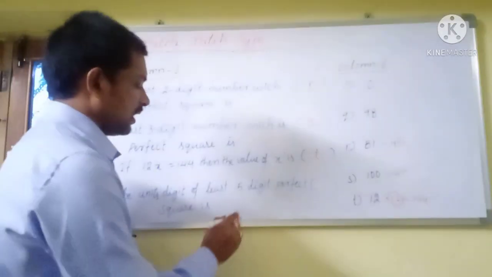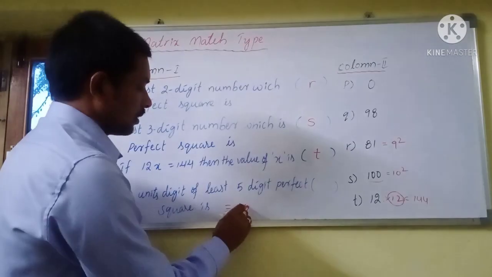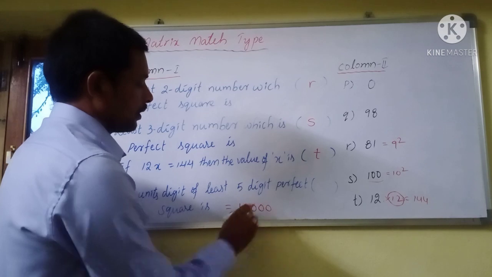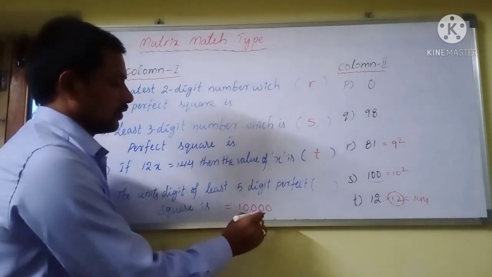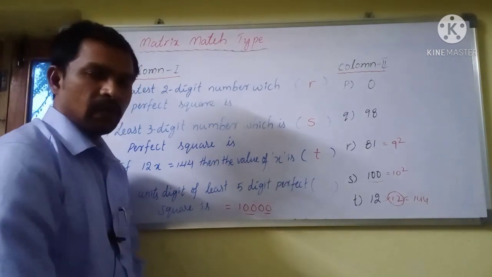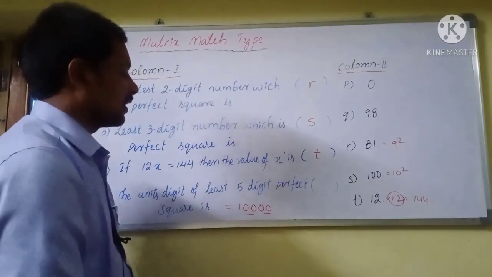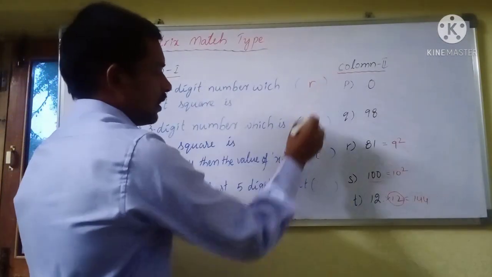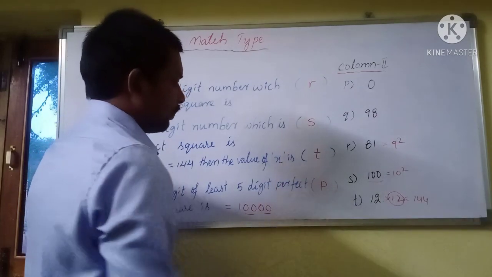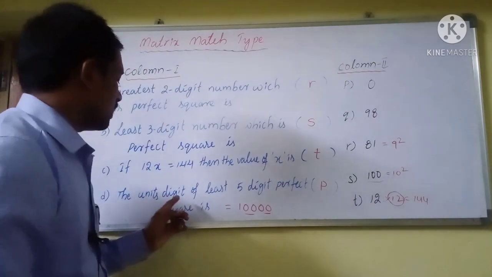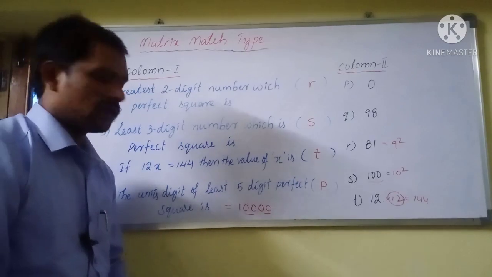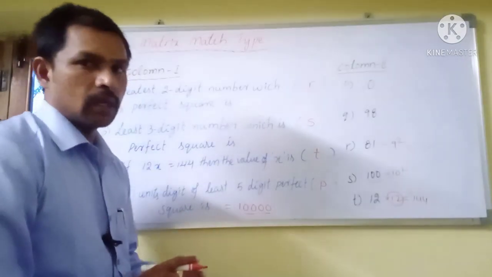The least 5-digit number is 10,000, which has an even number of zeros, so this is ending with 0. So option number P is the units digit of the least 5-digit perfect square number.